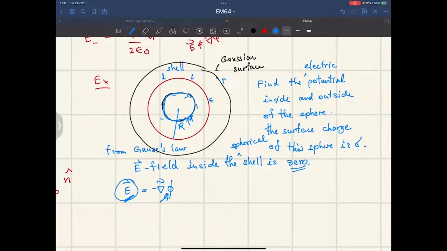Constant. Yeah, it can be a constant. It doesn't need to be 0. But normally we choose it to be 0 because it's a constant. It can be any number. And actually it depends on the field outside the sphere.